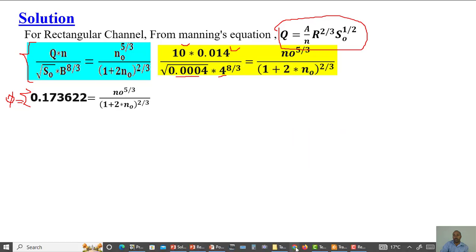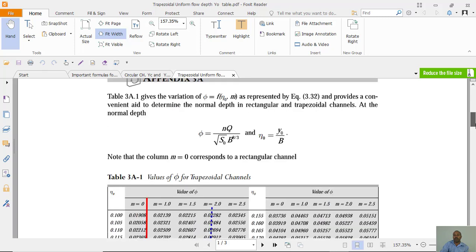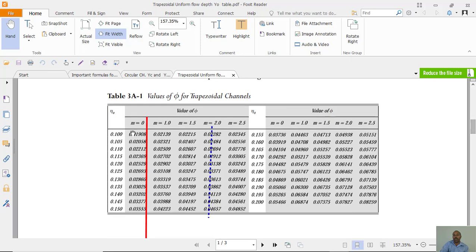Let me show you the table, which is for any channel, including the rectangular channel. You don't have any slope, so automatically you can apply. For a rectangular channel, m is 0, no slope, since it is vertical. So m equals 0 will go like this. So these are the values of phi.